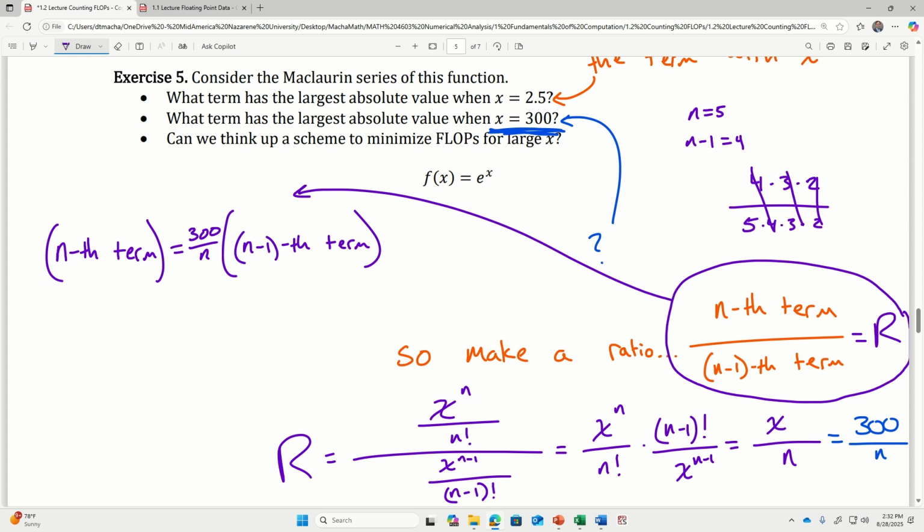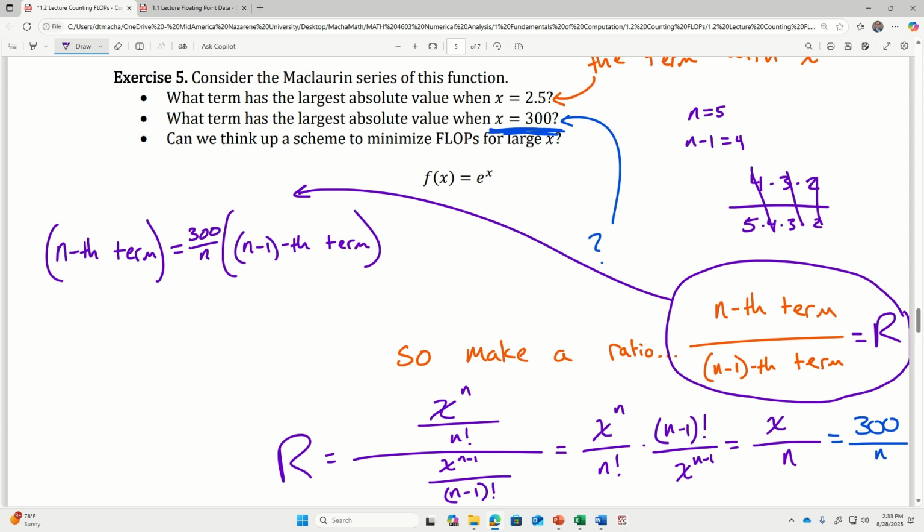And so we're going to start off having terms that are bigger and bigger, and then at some point they're going to become smaller and smaller. And when you get to that very peak, that peak is where this ratio goes from a number greater than 1 to being a number less than 1, where it goes from increasing to decreasing.